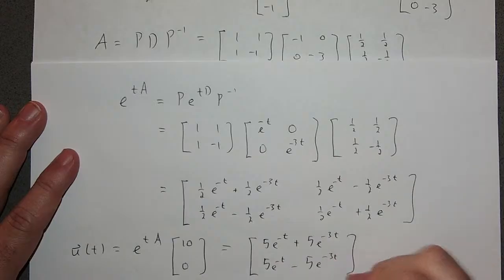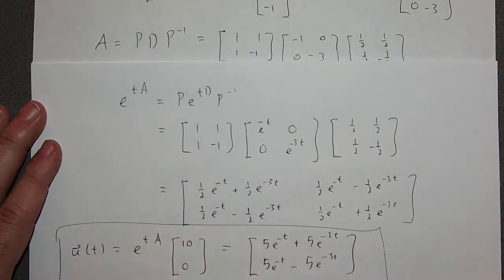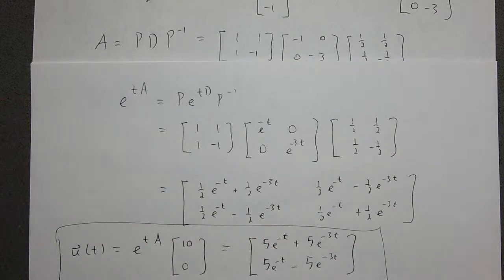You can check that the initial condition works, right? Plug in t equals 0, I get 5 plus 5, 5 minus 5, so 10 and 0. Okay, that works. But also this solves the differential equation.